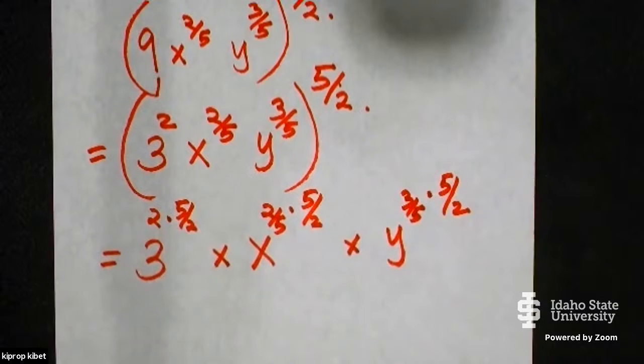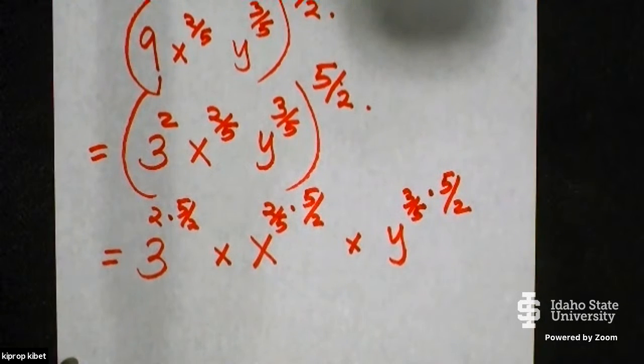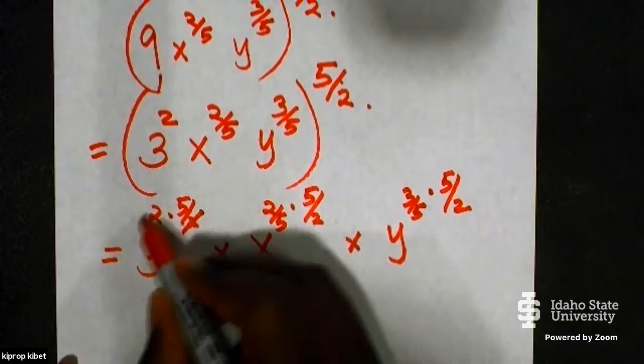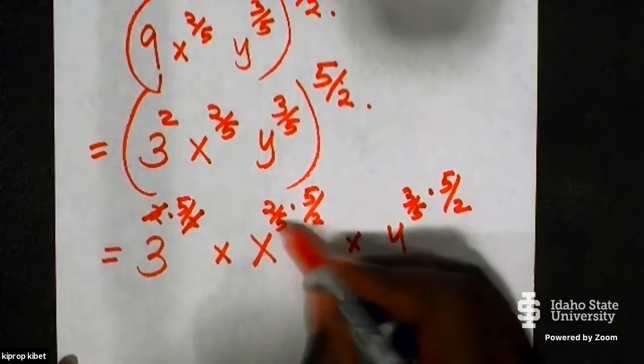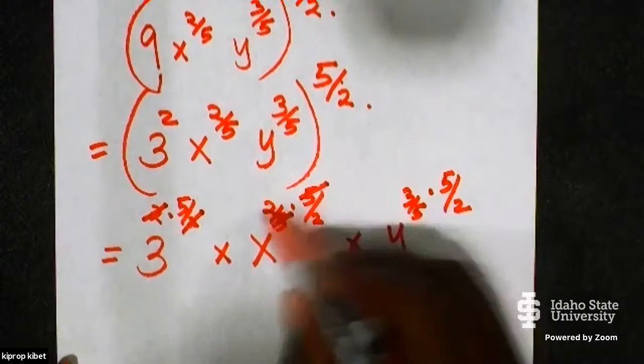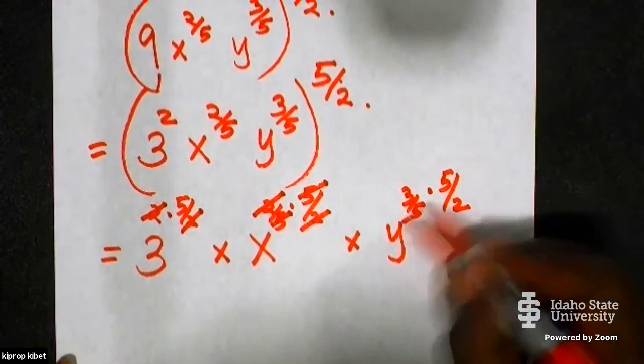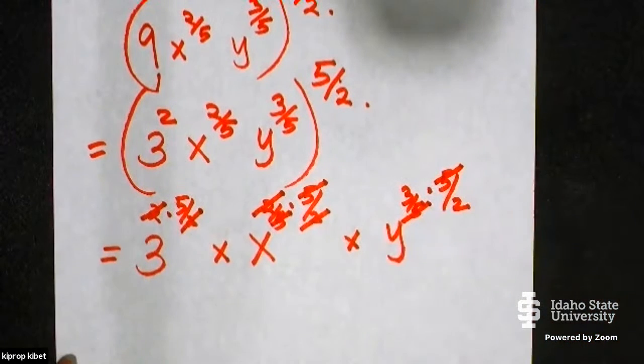So now we cancel the ones which we can cancel. So 2 and 2 will go. This 5 and this 5 will go. This 2 and this one. Then this 5 and that 5 will cancel.